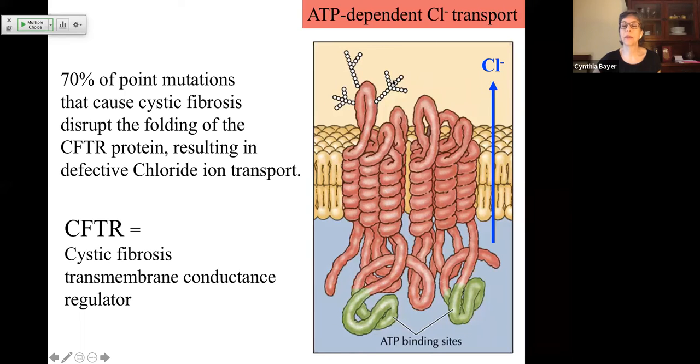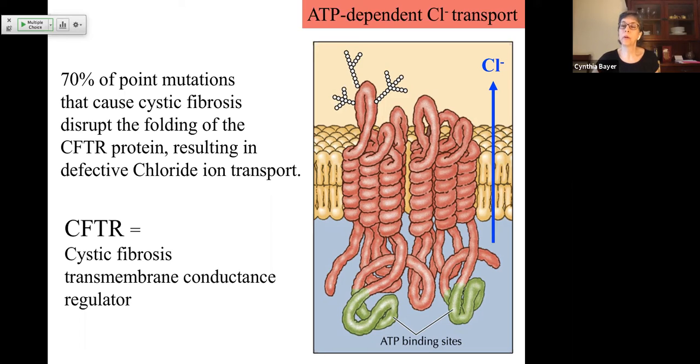So defects, mutations in the gene that encodes this membrane protein result in its not folding properly, and the misfolded protein is not able to transport chloride ions properly outside of the cell.